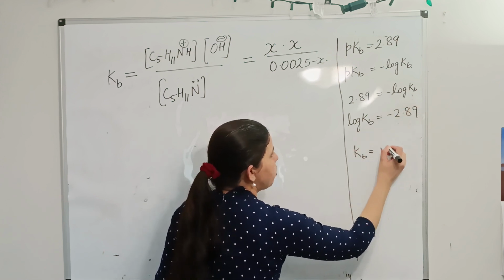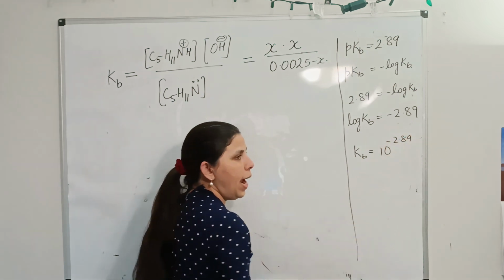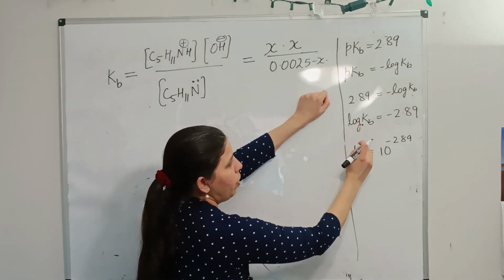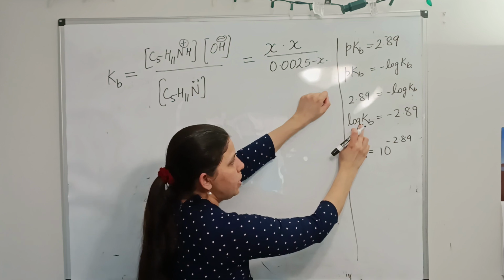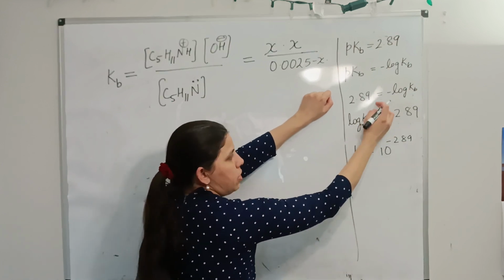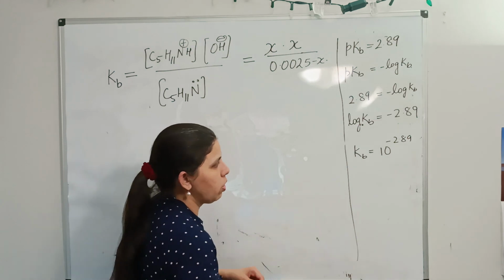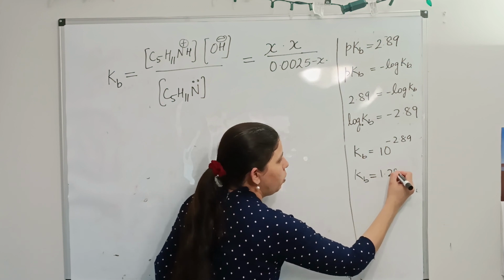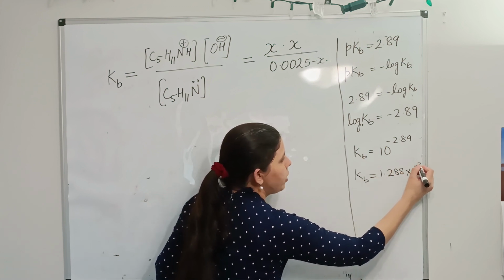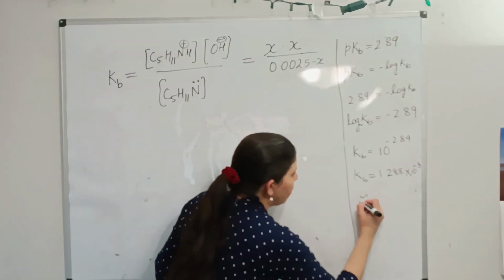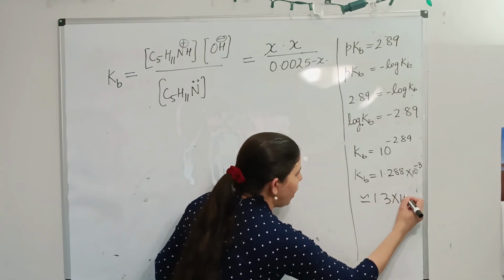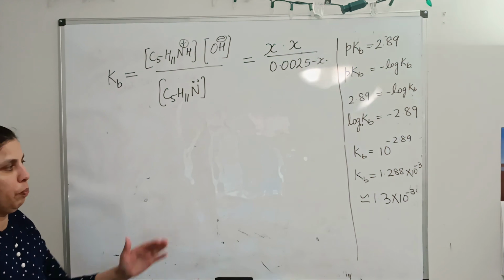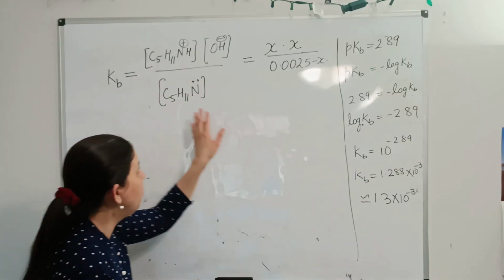Kb is equal to 10 raised to the power minus 2.89. It's just the anti-log; this was log to the base 10, so when we take the anti-log, it would be the base raised to the power of this number. If you use the calculator or the log tables, Kb would come out to 1.288 times 10 raised to the power minus 3. So we can round this off to 1.3 times 10 raised to the power minus 3. So we get the value of Kb from the value of pKb, and we will use this value now here.